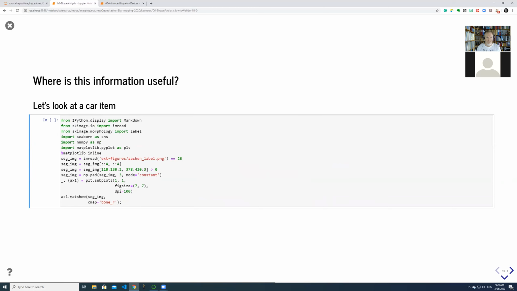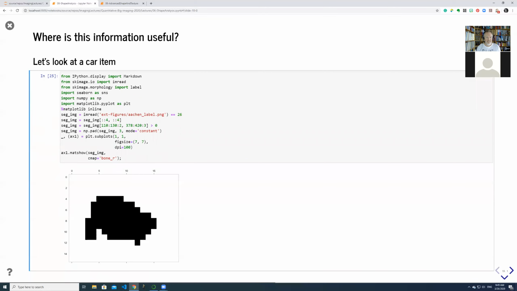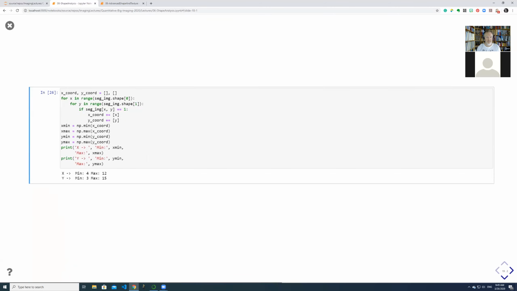So I look at the car again. We have it like this, and that's a different car, actually. Let's look at it. Then you can see that the extents in X go from 4 to 12, and in Y from 3 to 15.